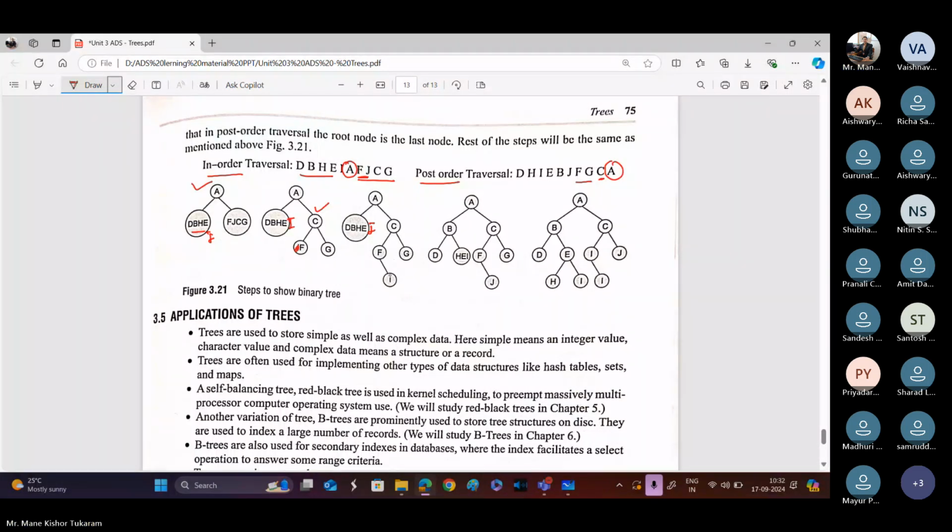So here it is J. So some mistakes are there in this example, but you can correct it and solve it. Okay, so in this way, this is the corrected tree. Okay, so this is the F and this is the J.